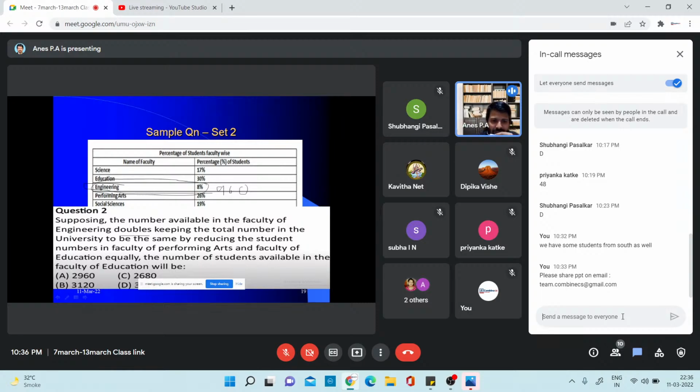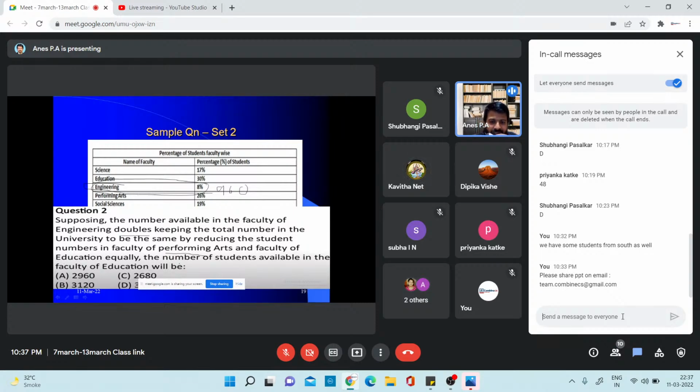For the total number in the university to stay the same, we reduce the student numbers in the faculty of performing arts and faculty of education equally. So we need to reduce 480 from each of these two faculties.